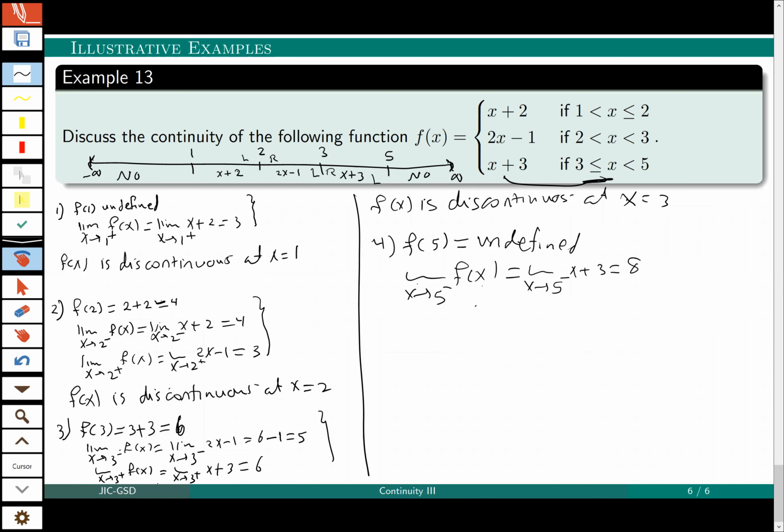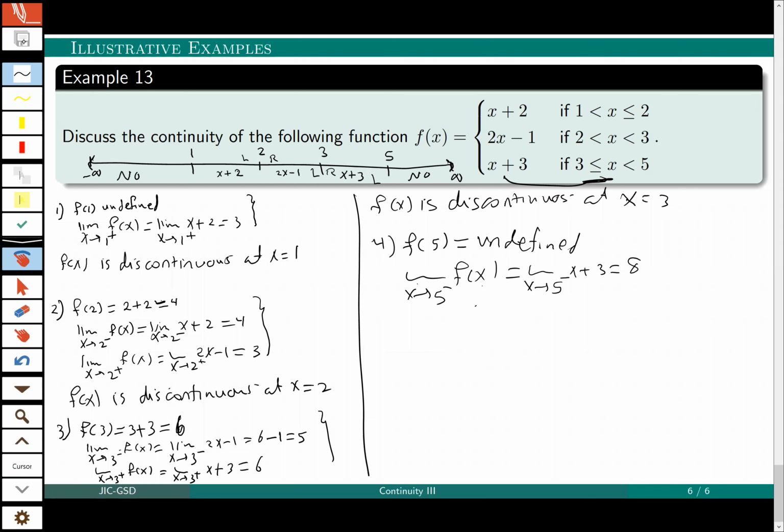F at 3 is 6, limit from right is 6, but limit from left is 5, so it's not continuous. At 5, to make it continuous, the limit from left should equal the value of the function at 5, but unfortunately, f at 5 is not defined. That's our discussion of continuity.